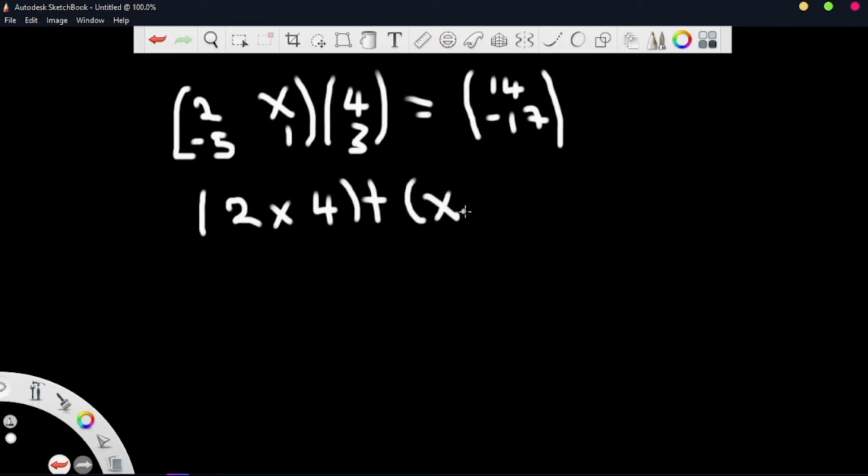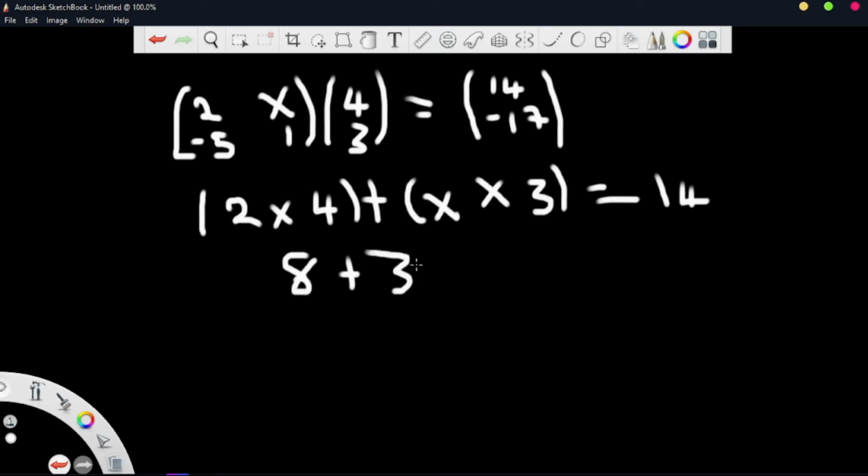My x, and then this is my times, and then this is my 3. All this should be equal to 14. So this will become 8 plus 3x is equal to 14. So we're going to have 3x is equal to 14 minus 8.